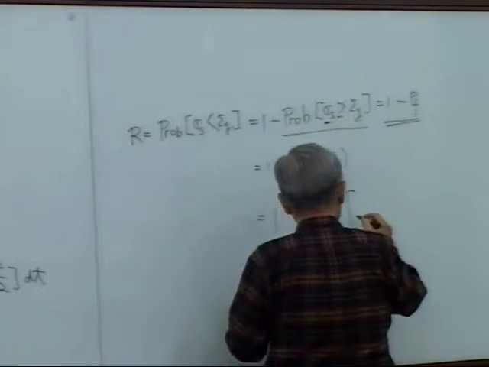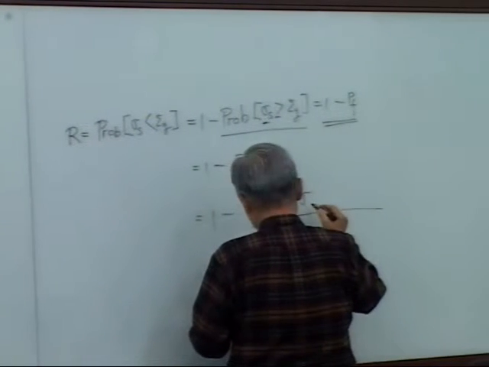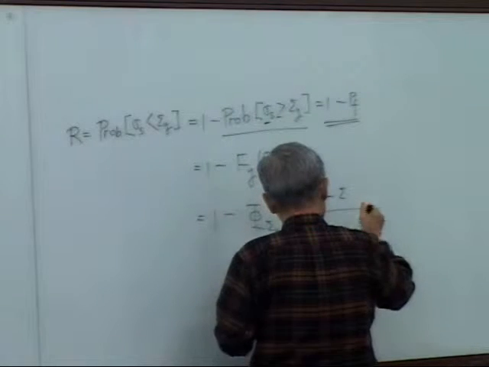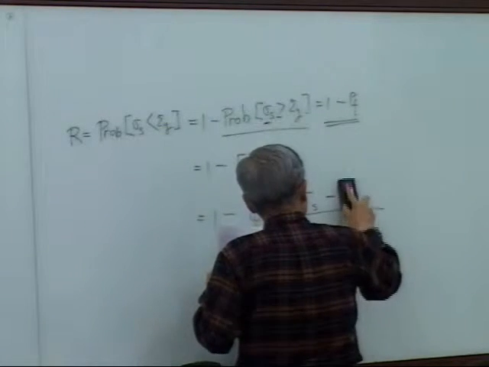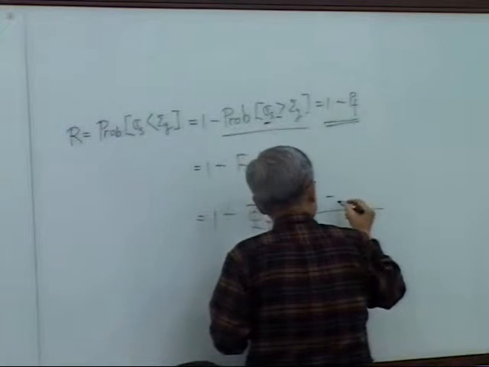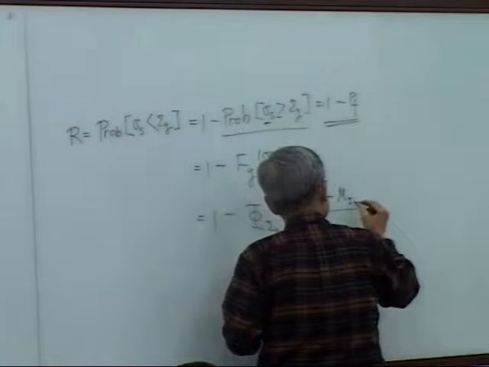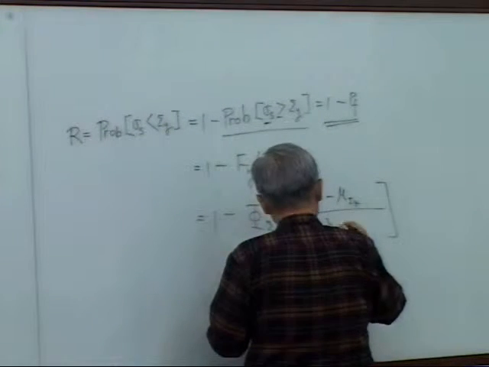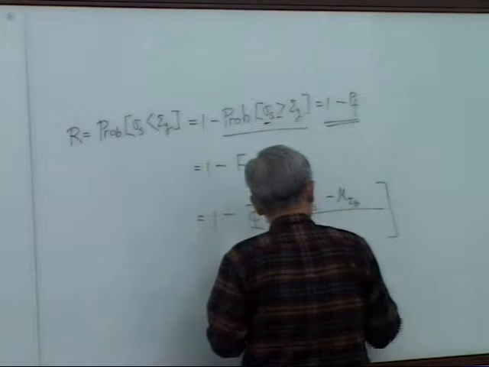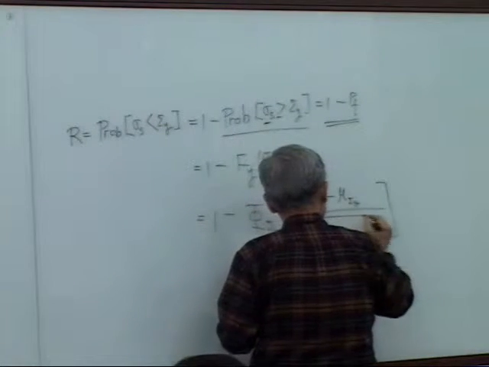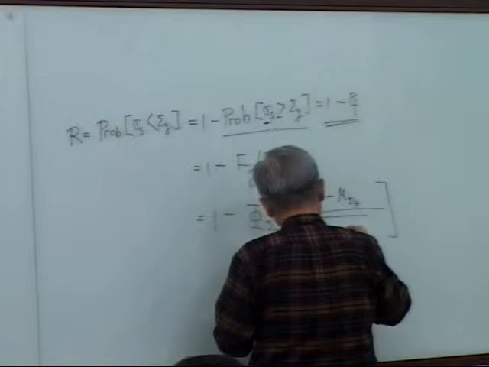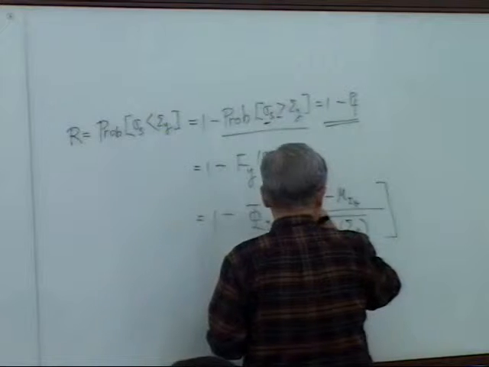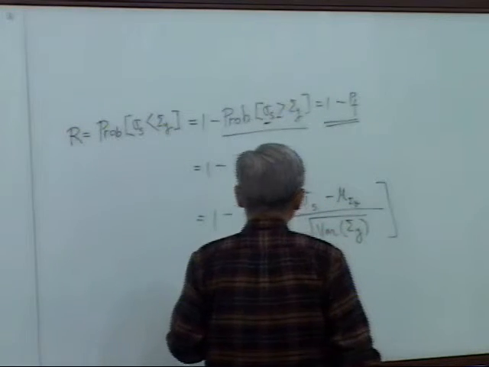So once you have that, sigma s minus this mean value, sigma y, and this is b, variance square, you can use that one.